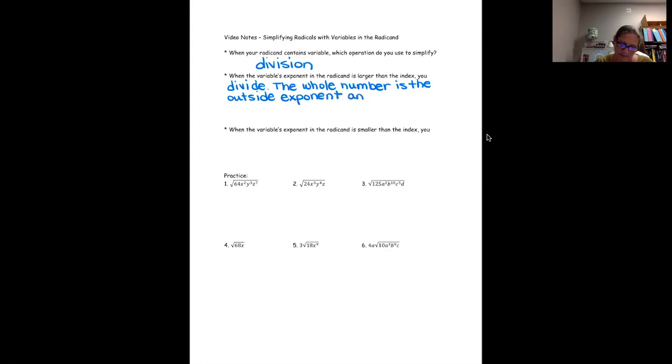And what's left is the inside exponent. When the variable's exponent in the radicand is smaller than the index, you leave the term under the radical.